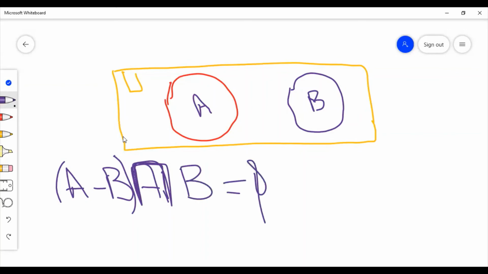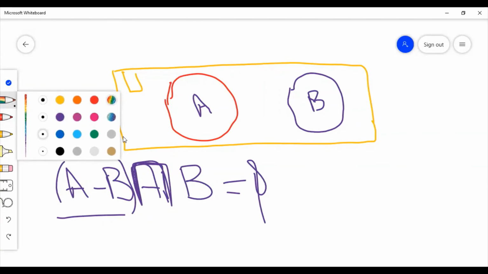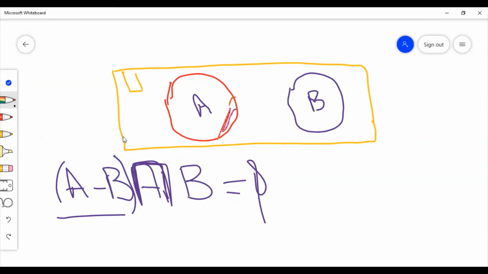So first of all we will look for A minus B. So let's see what A minus B is. A minus B will be this area, only this area.